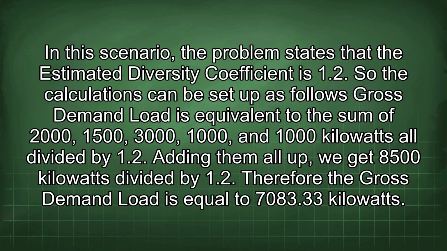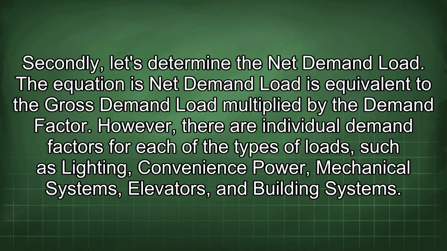So the calculations can be set up as follows. Gross demand load is equivalent to the sum of 2000, 1500, 3000, 1000, and 1000 kilowatts all divided by 1.2. Adding them all up, we get 8500 kilowatts divided by 1.2. Therefore, the gross demand load is equal to 7083.33 kilowatts.